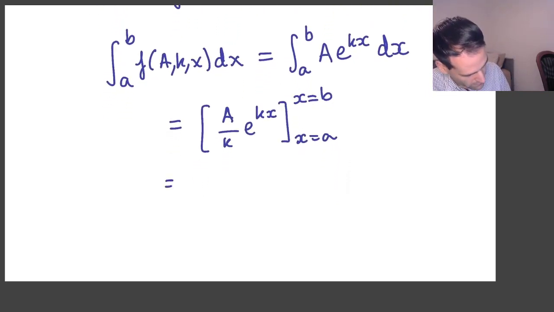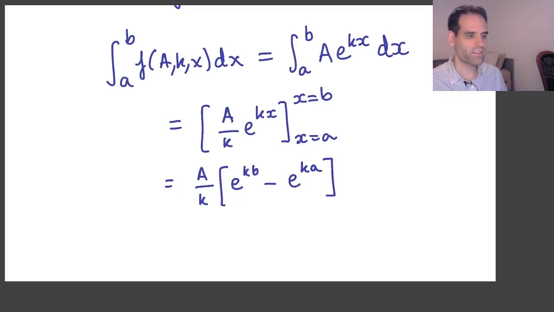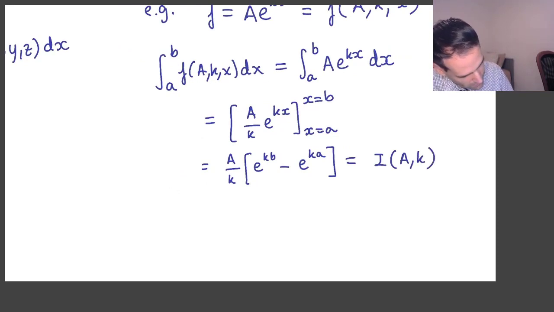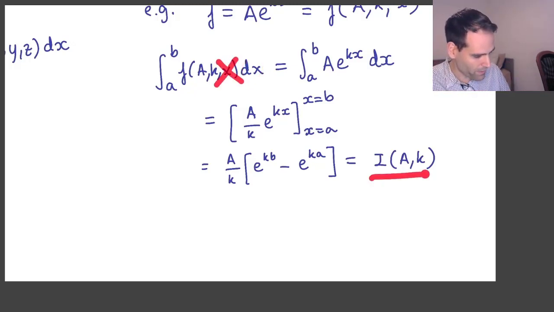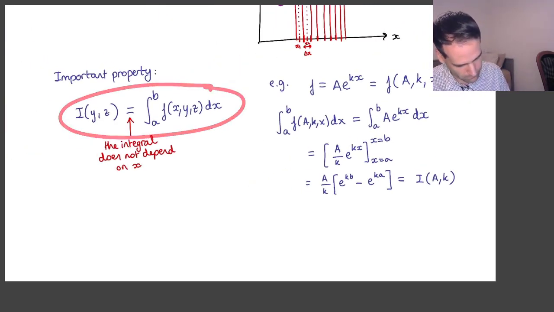So we get a over k can be left outside, and we get e to the kb minus e to the ka. And this is the result of the integral. This is a function which depends only on a and k, so it does not depend on x anymore. In other words, doing the integral with respect to x got rid of the x dependence. That's what I mean by this.